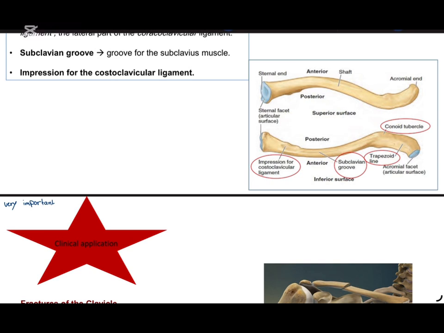So I have a transitional area here between the convexity and the concavity. And this transitional area is the weakest area in this bone, okay? Therefore, if any fracture happened to this bone, it will happen where? At the transitional point between the convexity and the concavity of the bone.